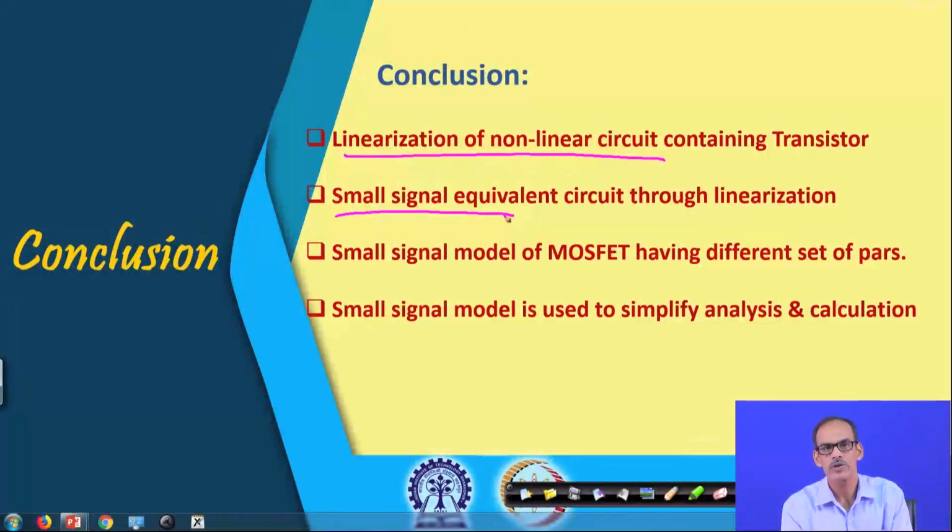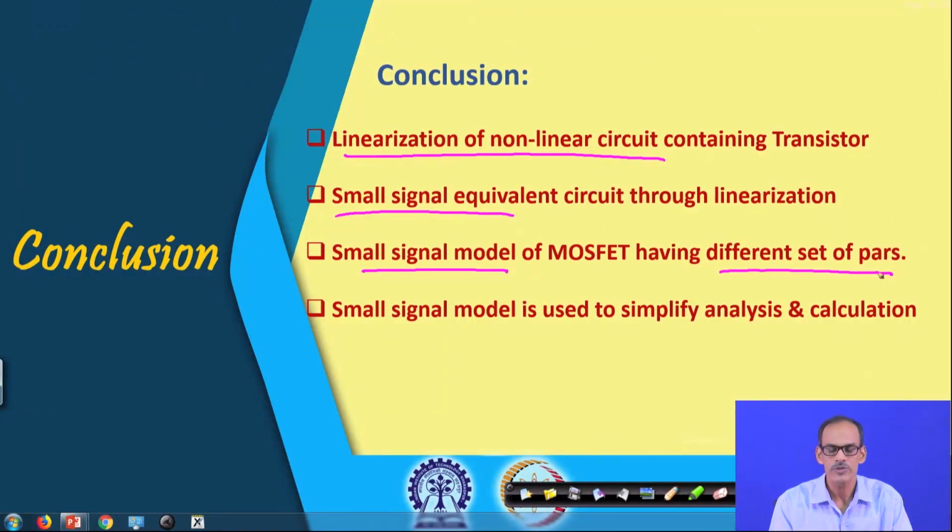Whenever we talk about linearization of the circuit, we are basically translating the actual circuit into the small signal equivalent circuit, and the circuit corresponding to the MOSFET is referred to as the small signal model of the MOSFET, which involves different parameters, namely transconductance Gm and Gd.